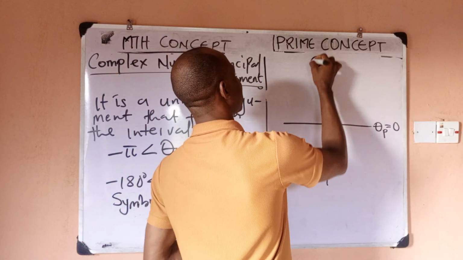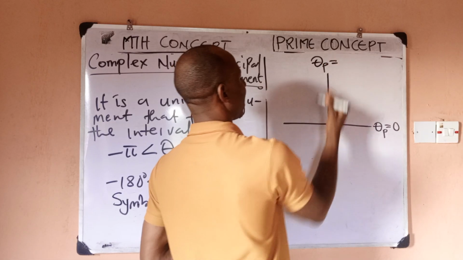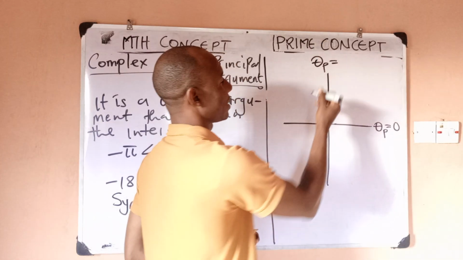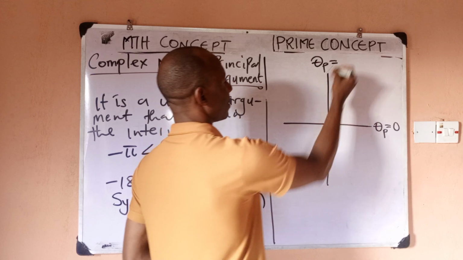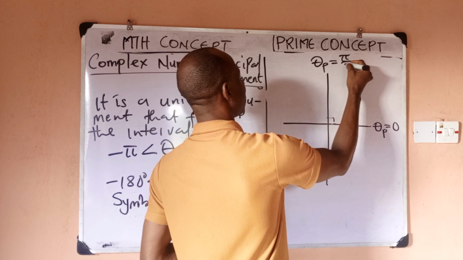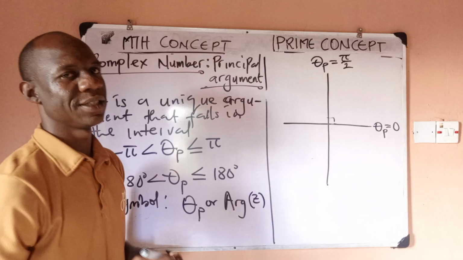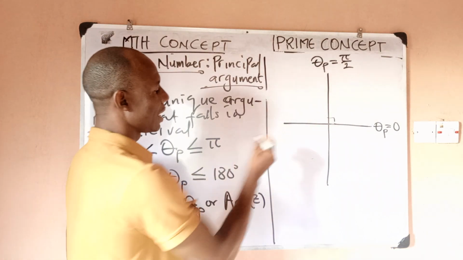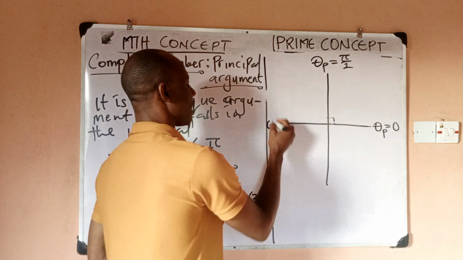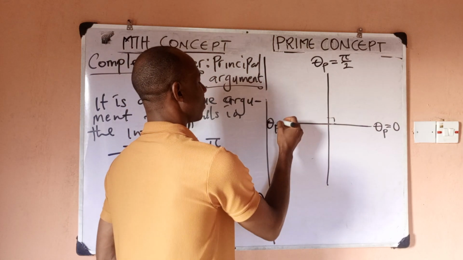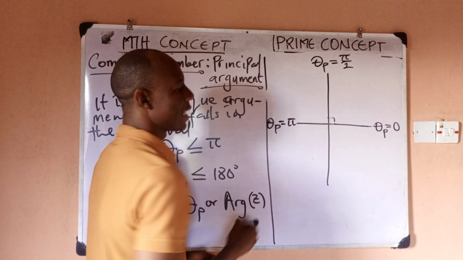Now, if your complex number lies along the positive y-axis, your principal argument has opened up. So remember, this angle is 90. So it will be 90, which is pi over 2 radian. Anytime it lies along this negative x-axis, then the principal argument here is going to be what? 180.